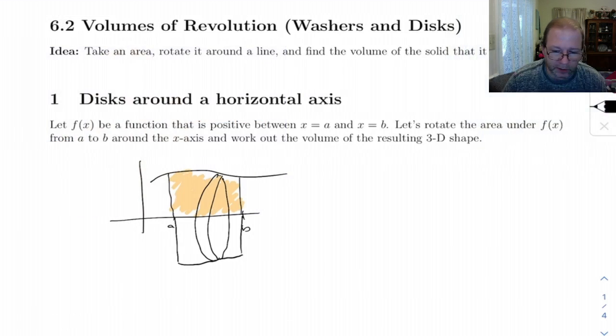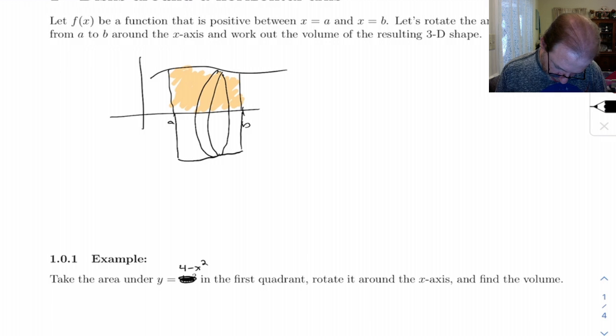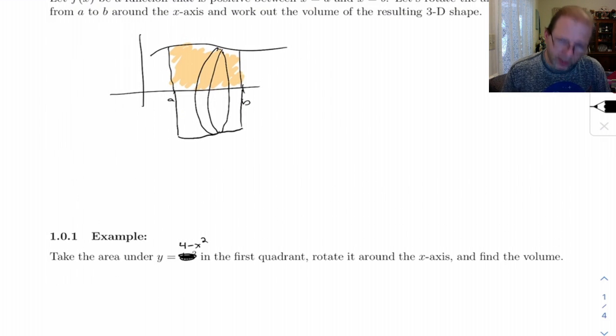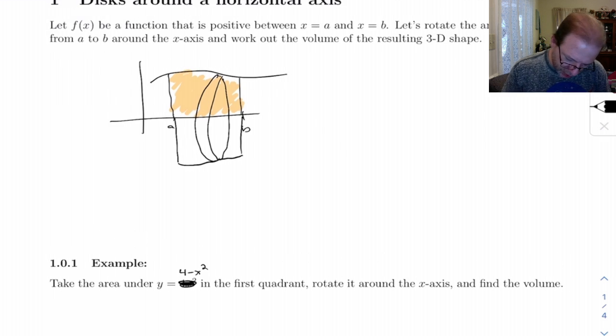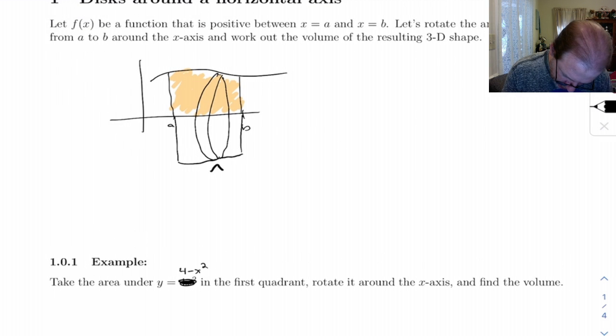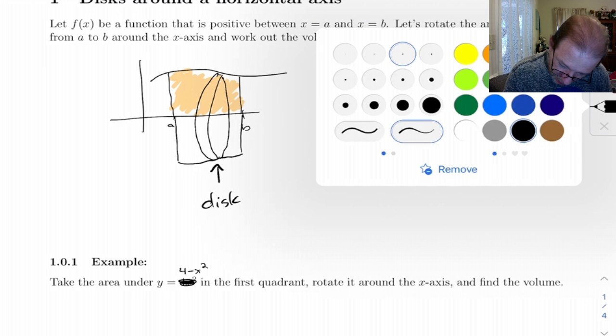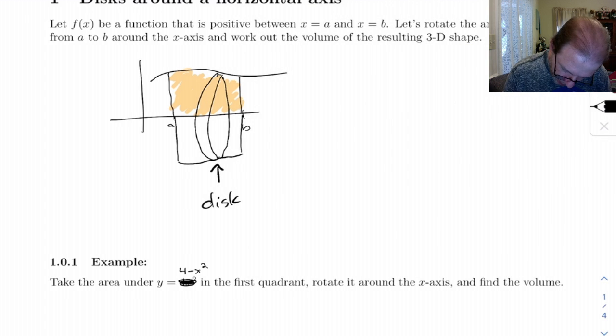So let's go back and look at the first example. It's exactly what we just had in the animation: find the volume under 4 minus x squared. Before we do that, though, let's work out the general disk. Notice f of x is the radius in this case.